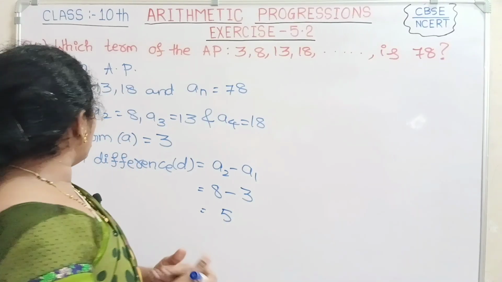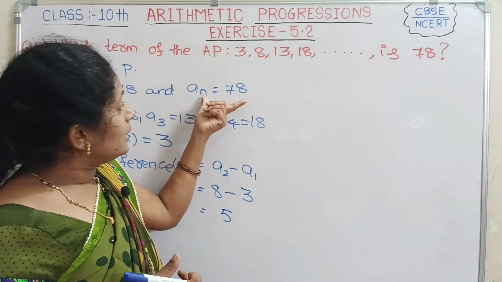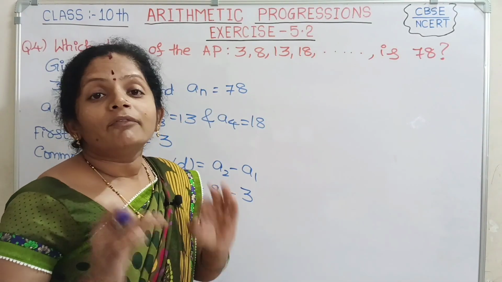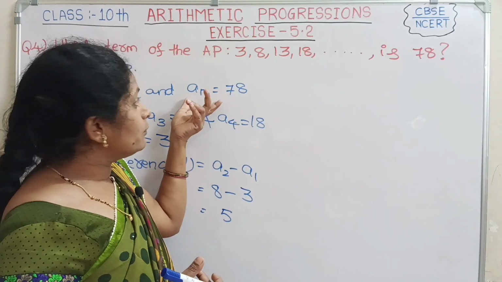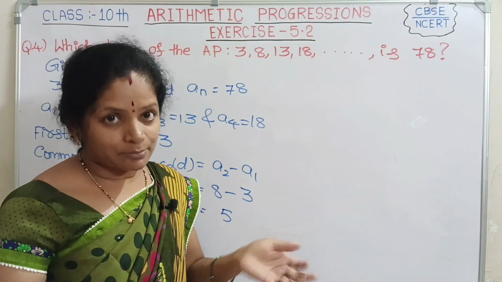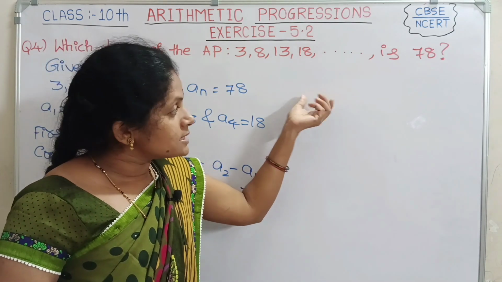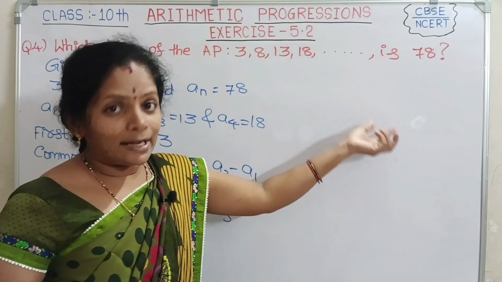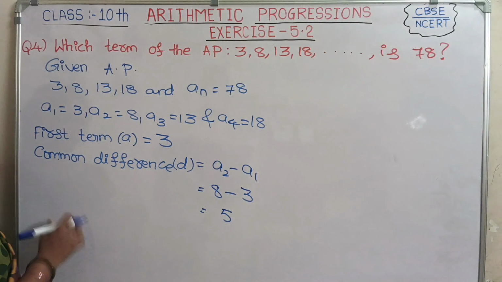Why do we need to find the first term and the common difference? Because an is equal to 78. We are asked what is the value of n here. We know the formula an is equal to a plus n minus 1 into d. There we have to substitute the values of a and d. For that purpose we found these two terms.